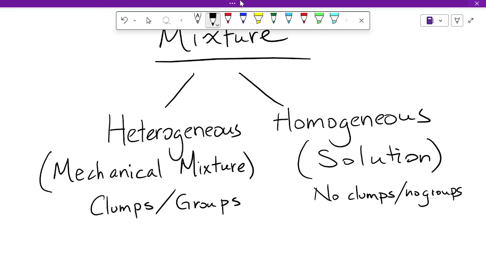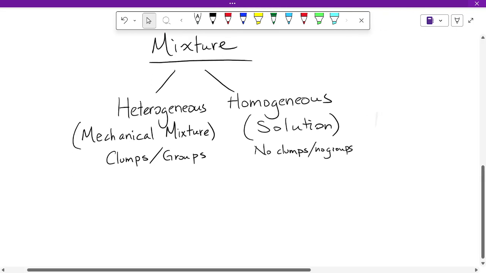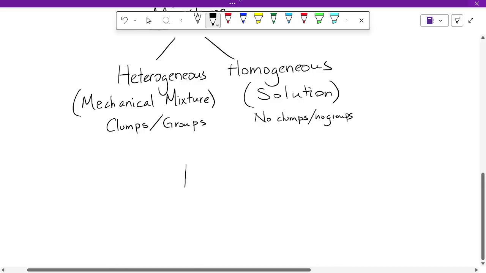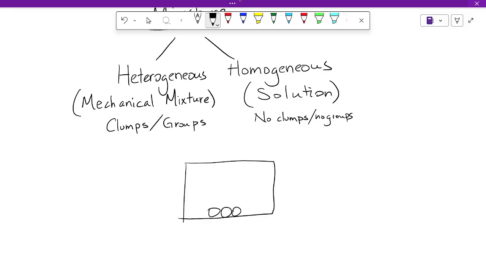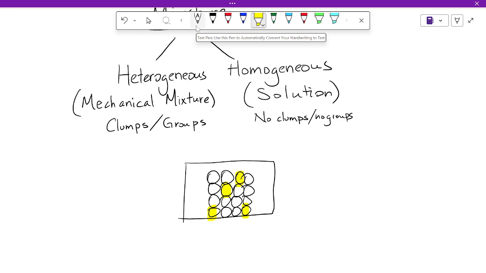Okay. What if I did like this? Homogeneous or heterogeneous?